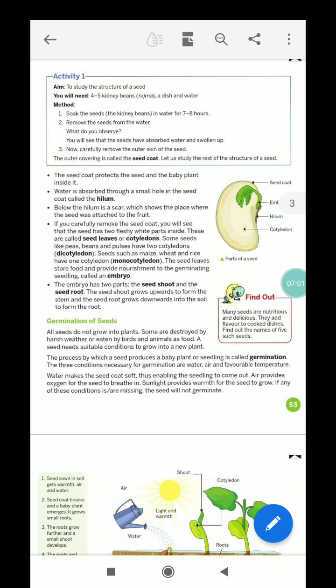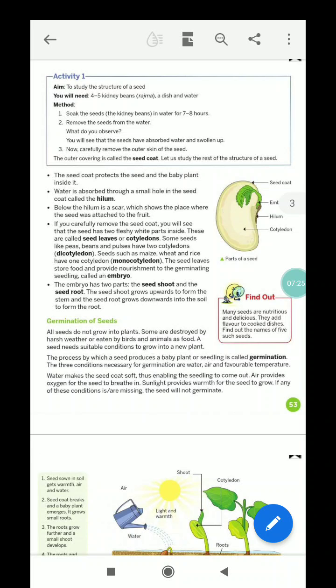The seed stores food and provides nourishment to the germinating seedling, called an embryo. So the seed provides food and nourishment for the new plant, the new embryo which germinates from the zygote and then becomes a new seedling.